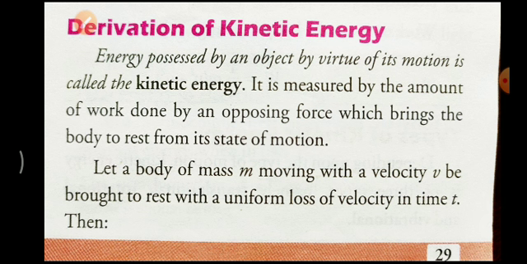Let us start the derivation part. Let a body of mass m moving with a velocity v be brought to rest with a uniform loss of velocity in time t. So let us consider a body of mass m moving with velocity v, and it comes to rest with a uniform loss of velocity in time t.